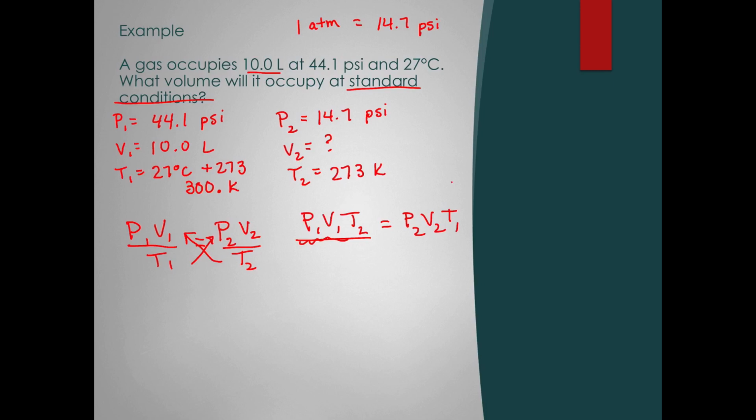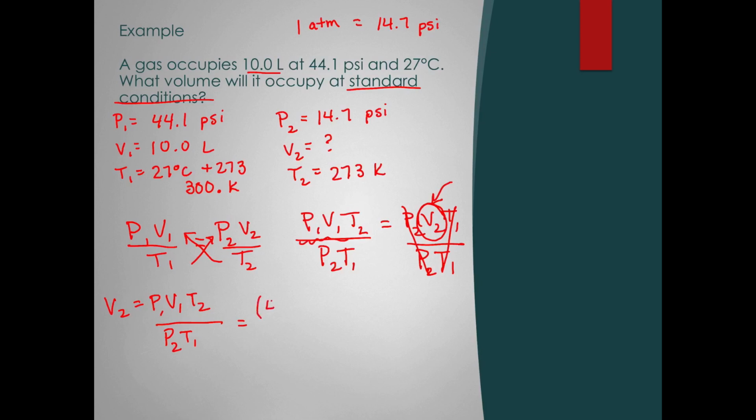And now, if we're going to rearrange for V2, we're going to divide both sides by P2 T1 to get rid of the P2 and the T1 on this side so that V2 is by itself. So we get V2 equals P1 V1 T2 over P2 T1.